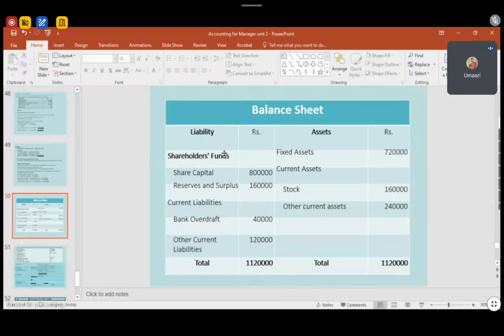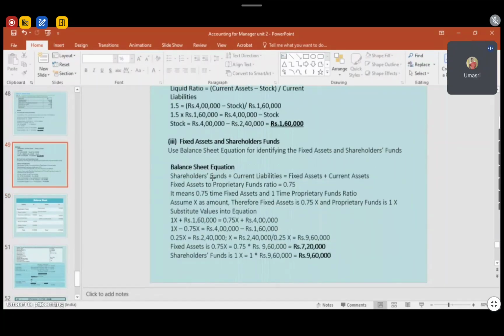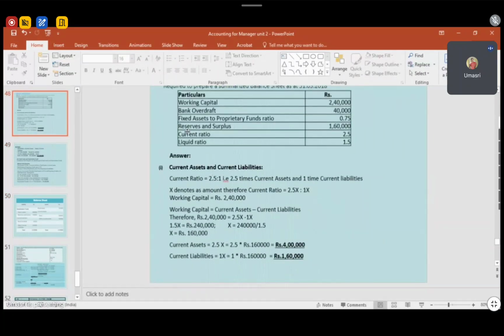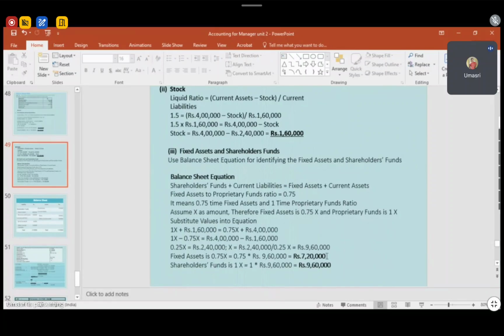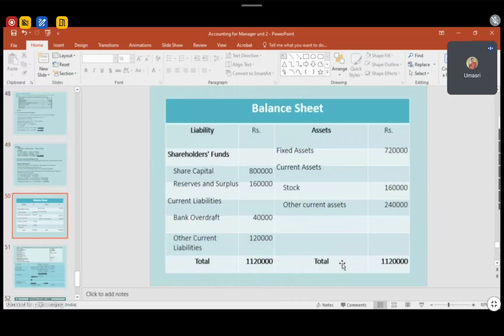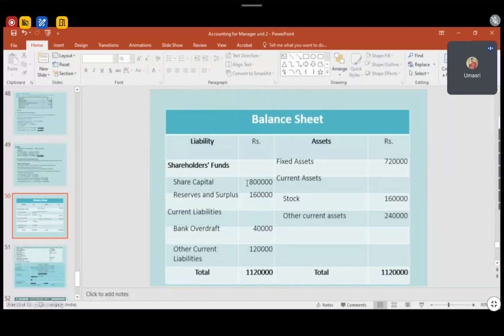Shareholders fund, that means share capital. See your problem, reserves and surplus is given as 1,60,000. So 9,60,000 is your shareholders fund, minus reserves and surplus 1,60,000. What is your capital? Capital will be 8 lakhs. So share capital 8 lakhs plus reserves and surplus 1,60,000, so total shareholders fund is 9,60,000.